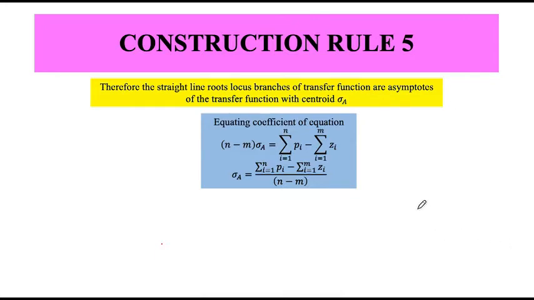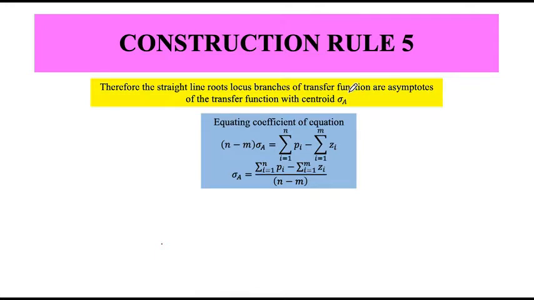So in straight line root locus branches of the transfer function which has n minus m poles at sigma a on the negative side, they are asymptotes of the transfer function with centroid sigma a. All of the asymptotes start at sigma a.